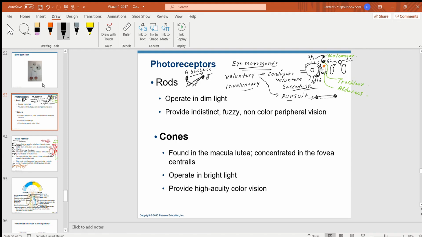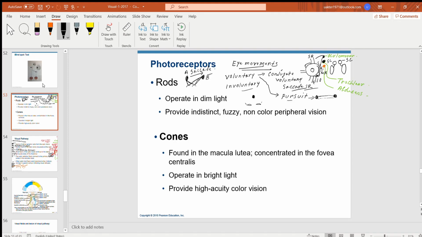And vergence is the movement of the eye when you fixate your eyes on something. So this is your right eye, and this is your left eye, right?